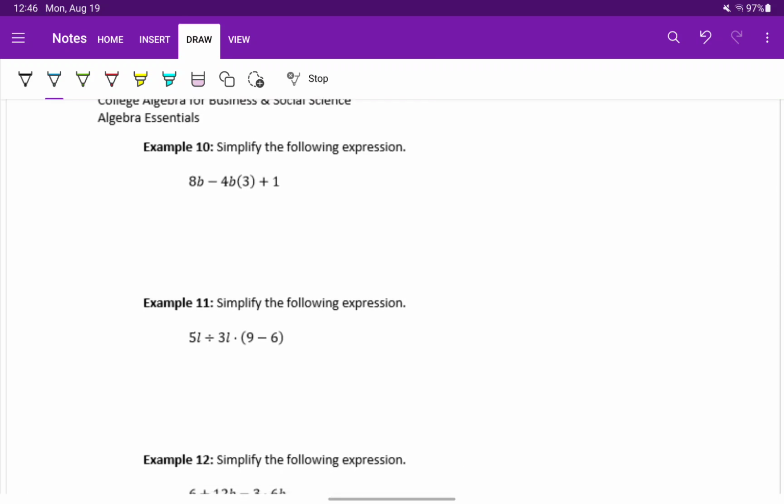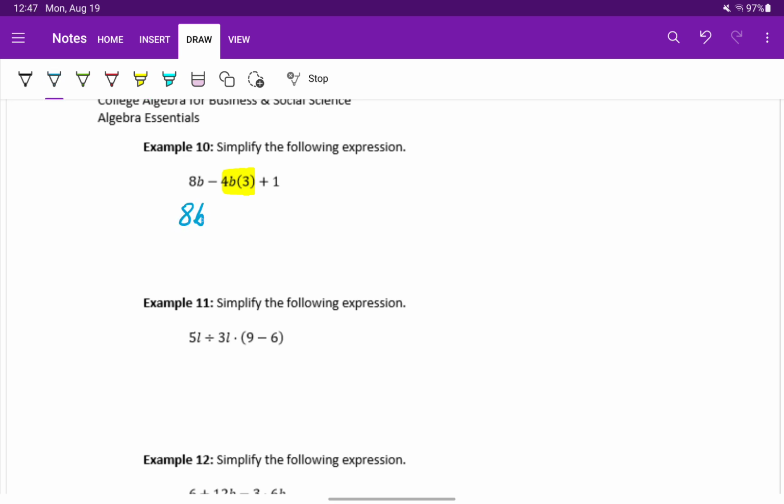Before we combine like terms, we first need to look through our problem though and see if there's anything that needs to be simplified using order of operations. For instance, in example 10, our second term is 4 times b times 3. The first thing we need to do is multiply those numbers together to get a single coefficient with that second term.